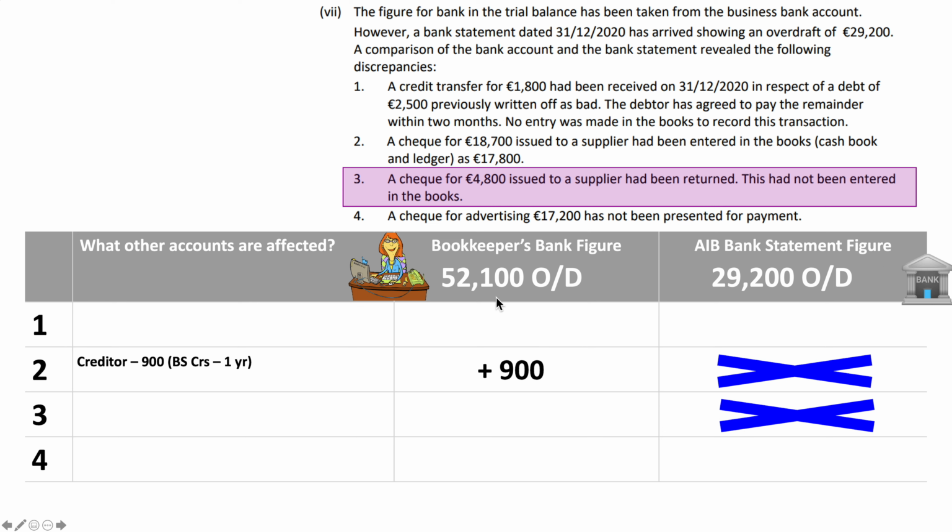So it'll be money coming into the bank. When they sent the check to the supplier, the bookkeeper credited the bank. So now we debit the bank account, which would reduce the bank overdraft figure by the 4.8. Now we have to record that we still owe the creditor 4.8, that we owe it to them again. So with creditor here, we'll add 4.8 there.